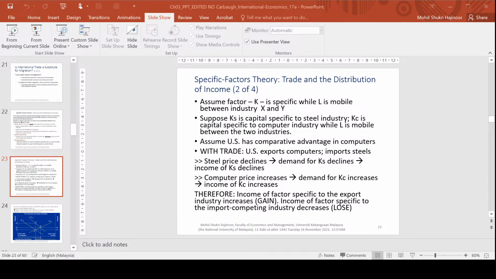Remember, when there is trade, it is the world price. So the world price is cheaper than the price of steel in the United States. The price of steel declines.